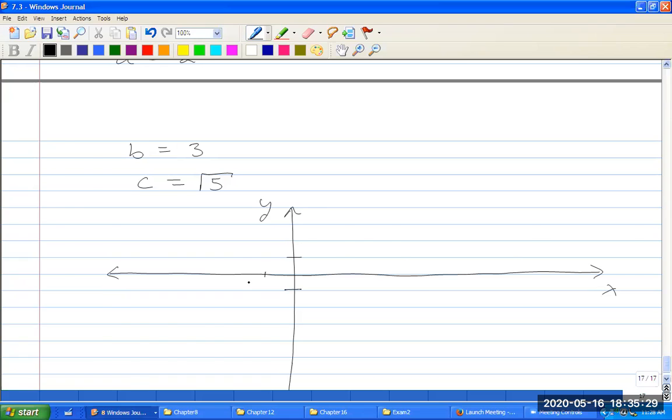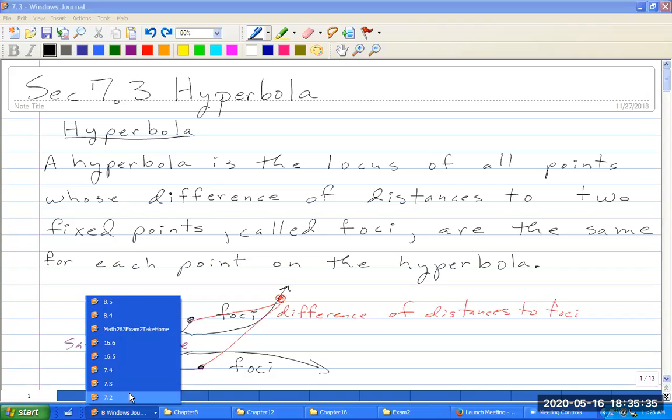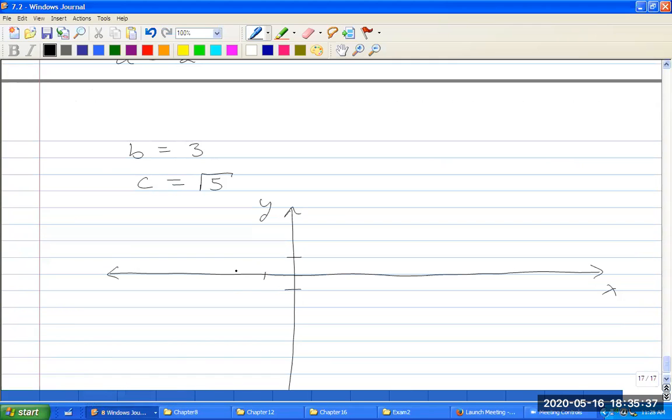Okay, so here's the center. And we're going to go 2 in the x, and 3 in the y. 1, 2, 3 in the y.